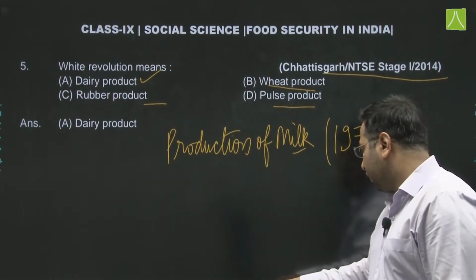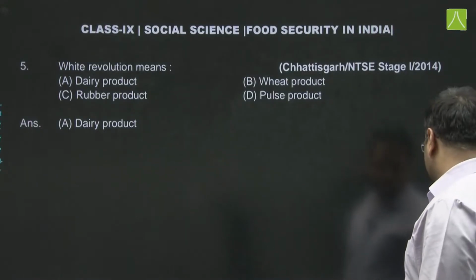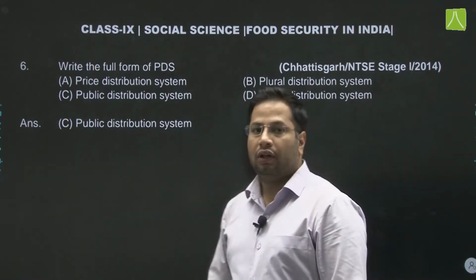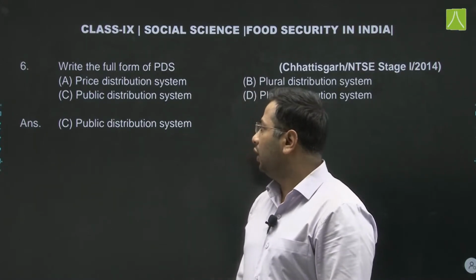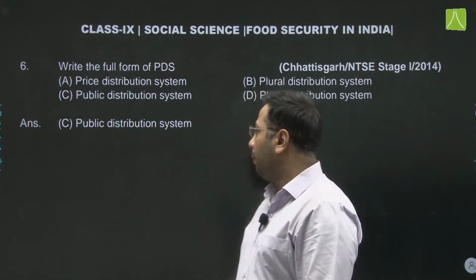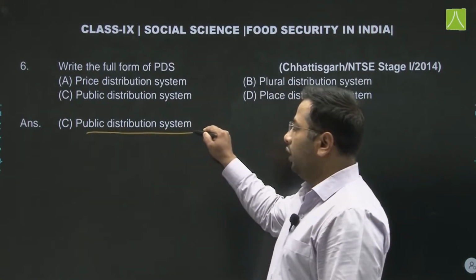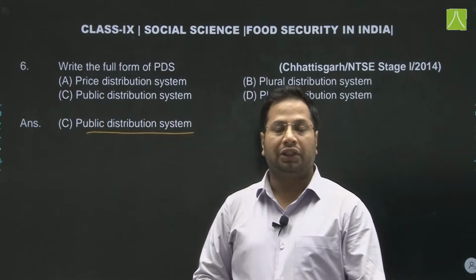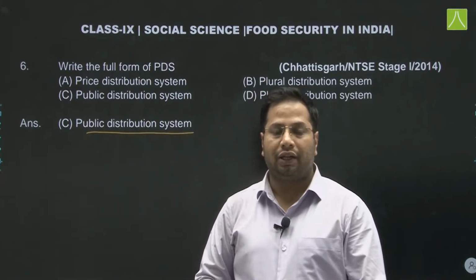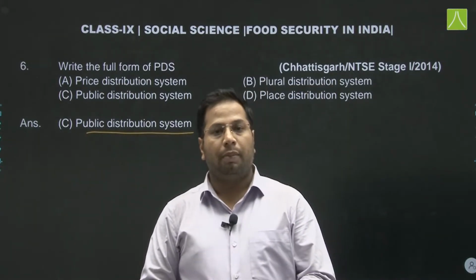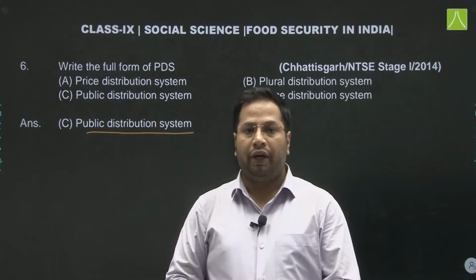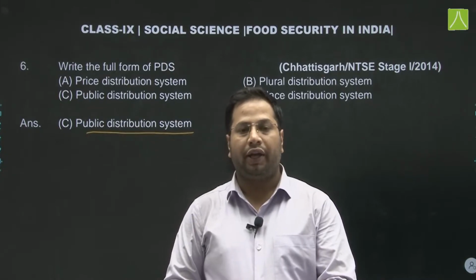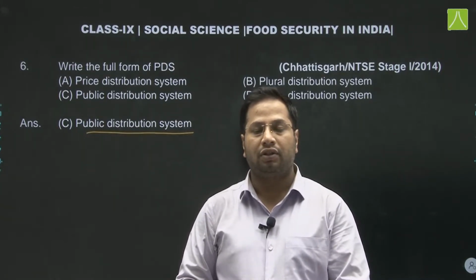Next, move on to the next question. Write the full form of PDS. Now you all must have read this, and PDS or public distribution system is a system by which the government procures the essential items, the wheat and rice and other items, and provides them to those people who need them, or in case of natural calamity or any other case.